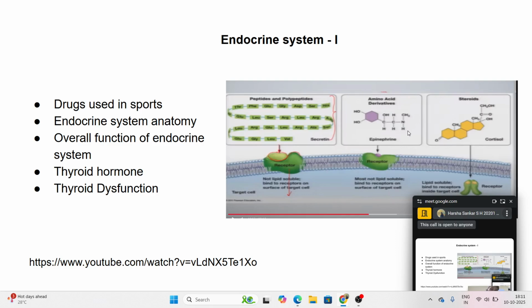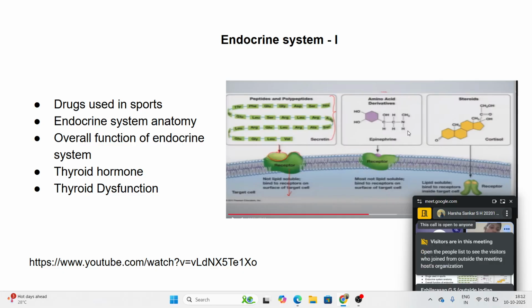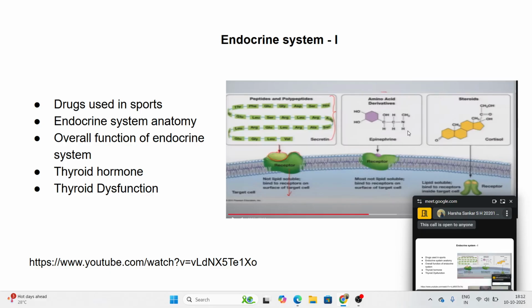But in order to release thyroid hormone, there should be a hormone that triggers from the hypothalamus. That is thyroid releasing hormone, which will go and tell the pituitary. In the pituitary we can see posterior and anterior pituitary.